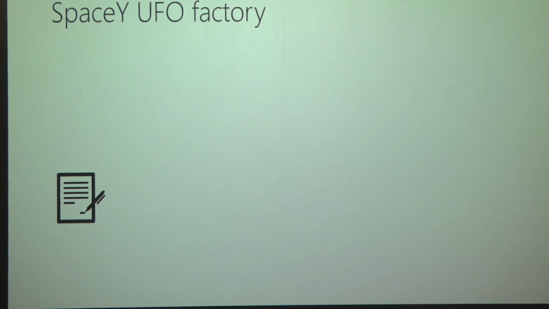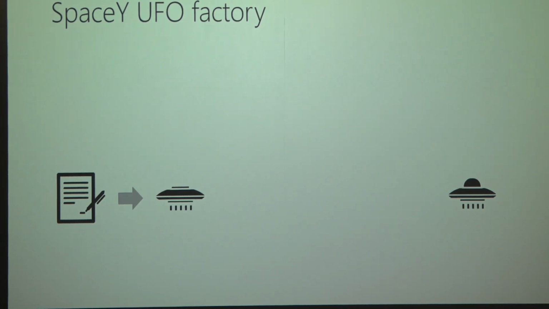So, the Spacey UFO factory. Your boss, Milan Usks, has asked you to implement a new factory where the idea is that we get orders at any time. It's a build-to-order factory. And the goal is to end up with some completed UFOs. We don't start from scratch.